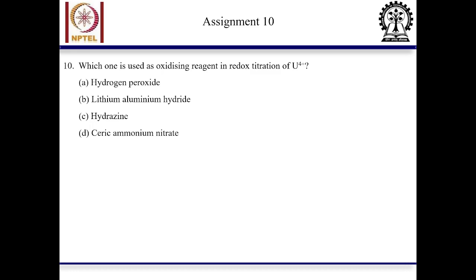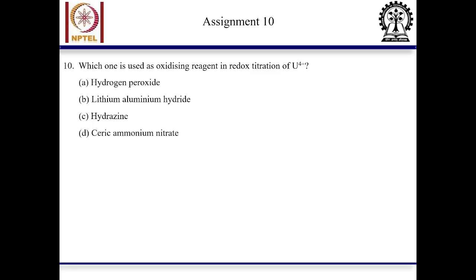No, this is not the correct option. Sweta is saying B. This is also not the correct answer.